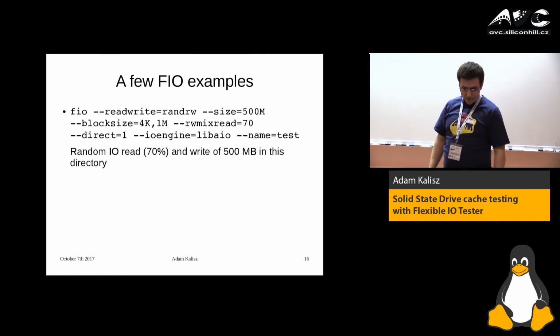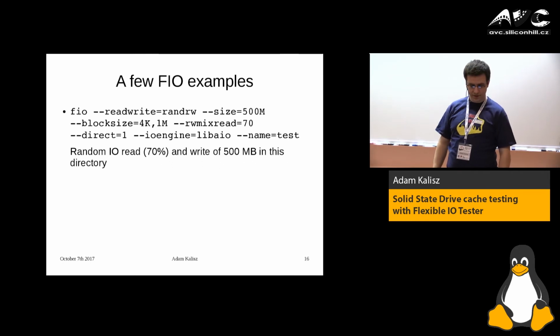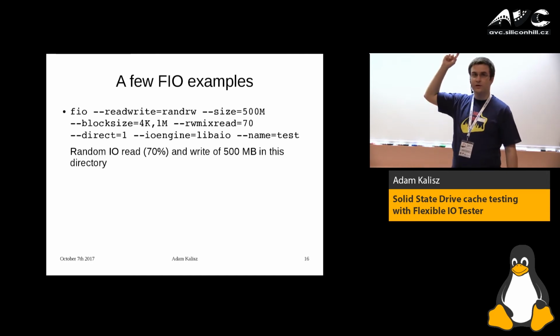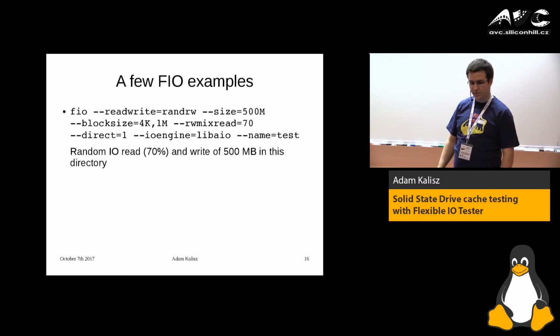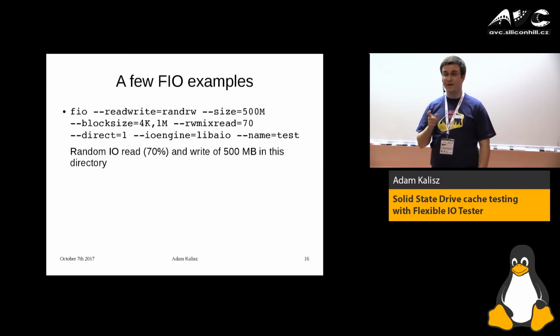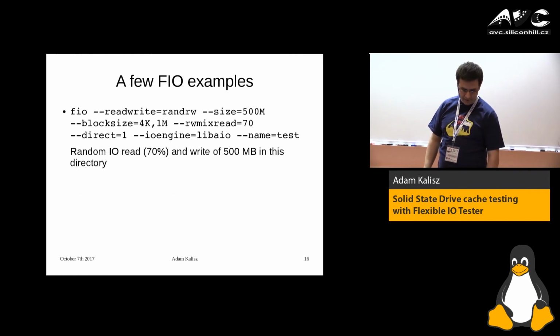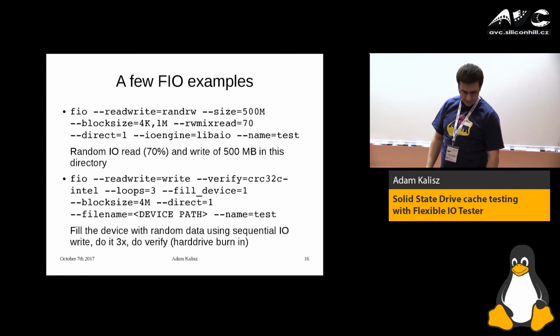So here I do 70% read I/O and obviously 30% write I/O. It uses the direct flag, so it actually goes to the device, makes sure this gets written, and uses the I/O engine libaio. And you have to provide a name for the job, or it will not start. That just really disturbed me at first.